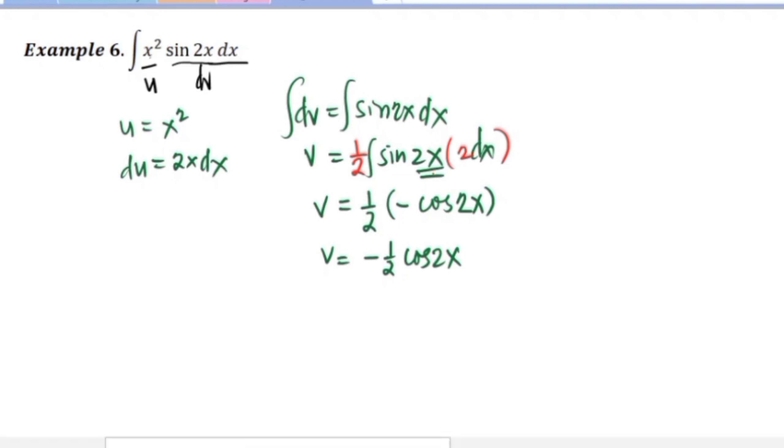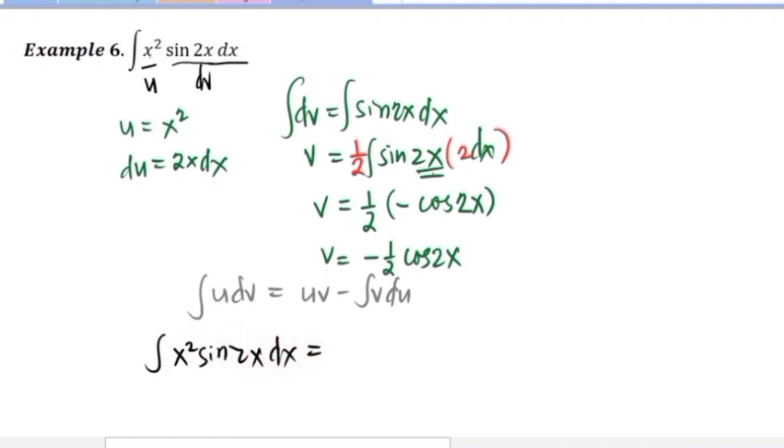So, applying the formula, we have the integral of u dv is equal to uv minus integral of v du. So, we have x squared sine 2x dx is equal to uv. Your u is x squared and v is negative 1/2 cosine 2x minus integral of v du.